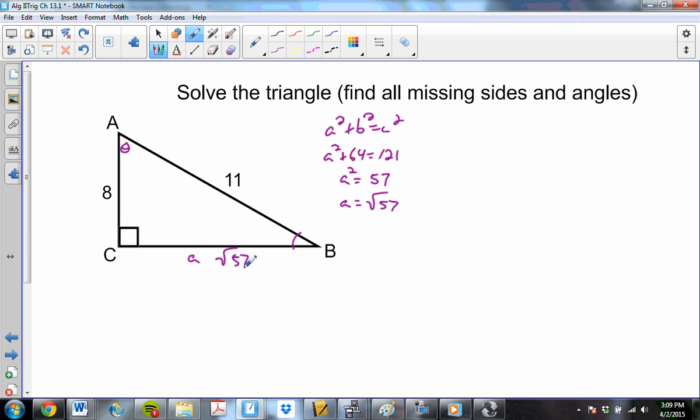Now I can find my angles. I'll find angle A. This is going to be cosine because I have adjacent and hypotenuse. So the cosine of theta comes out to 8/11. Since I knew the ratios and I'm trying to find the angles, I'll do a cosine inverse of both sides.